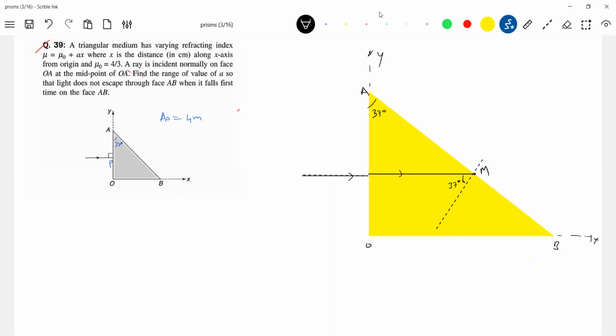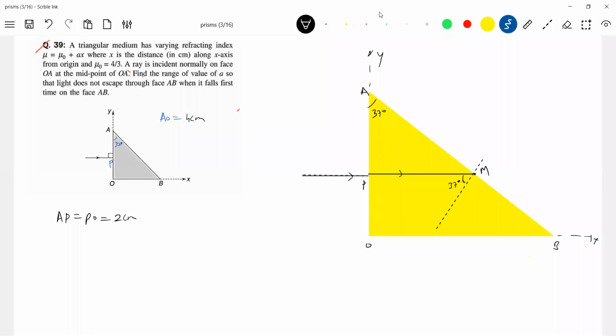For that, what should be the condition? This 37 degrees should be less than the critical angle. Okay, we know AO, and AP is equal to PO, which is equal to 2 centimeter. All the distances are in centimeter. Take like this: AP is equal to PO is equal to 2 centimeter.